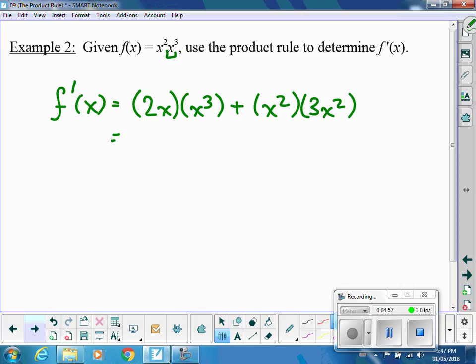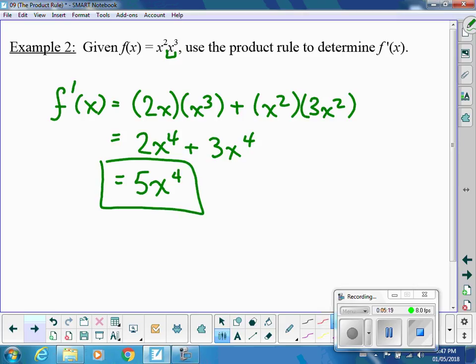Now we simplify. 2x times x cubed is 2x to the power 4, and x squared times 3x squared is 3x to the 4. When I add my like terms, I do get 5x to the 4, which is what I expected, so the rule works.